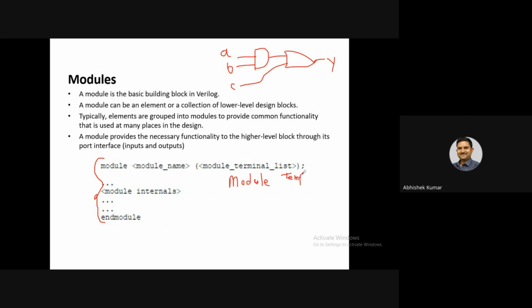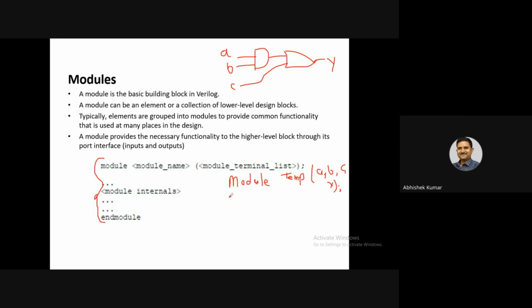Some arbitrary name I have defined as temp, then space, and in the small braces define the terminals. So here we have input A, separated by comma B, here we have C, and finally there is Y. This is the first statement, how to start the program: module space, name of module, in the small braces write the primary input, primary output, then end with a semicolon.